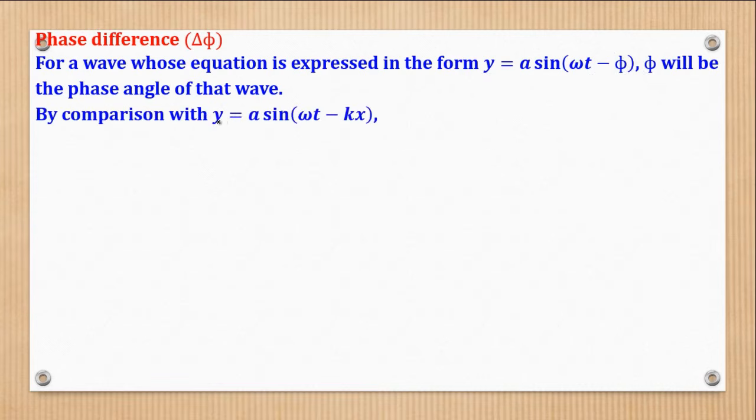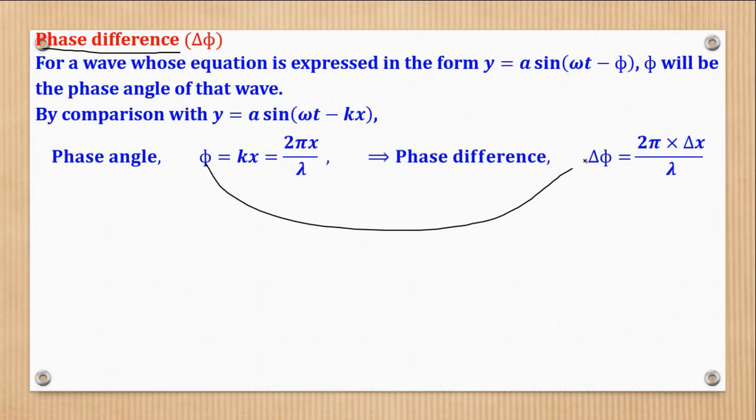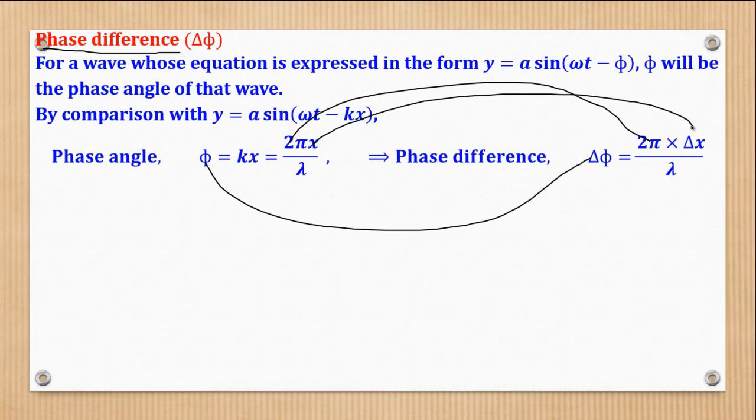So by comparison with this, which was the general equation, which was one of the equations of a progressive wave, you realize that the phase angle is kx, and k was 2 pi over lambda. So phase angle is 2 pi x over lambda. But we are interested in the difference. So that means that the phase difference, delta phi is equal to 2 pi times delta x over lambda.